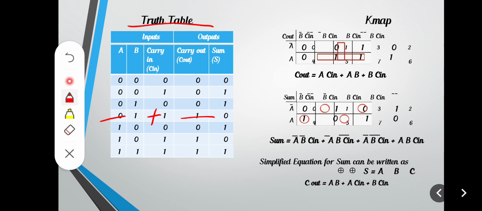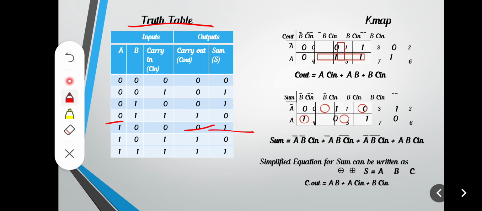That means in the fourth row the sum bit is equal to 0 while the carry bit is equal to 1. Likewise in the fifth row, the sum bit is equal to 1 while the carry bit is equal to 0.